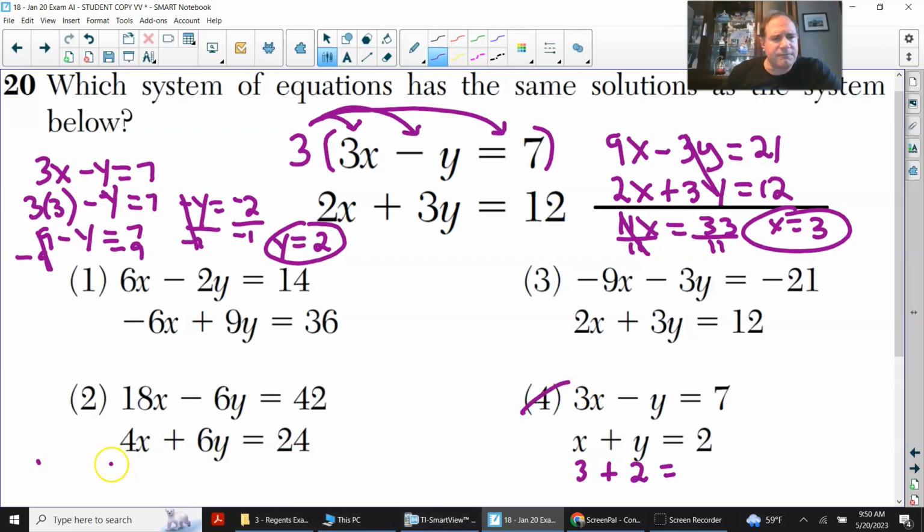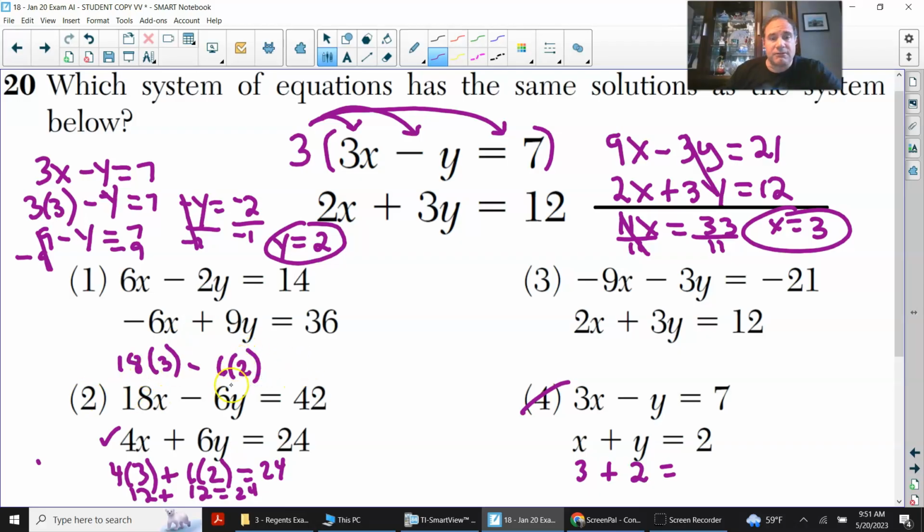Then I'm going to go to this one, 4 times 3 plus 6 times 2 equals 24. And let's see if that works out. That is 12 plus 12 equals 24. That works. Okay, so now I'm going to go to 18. I'm going to check the other one out, 18 times 3 minus 6 times 2.